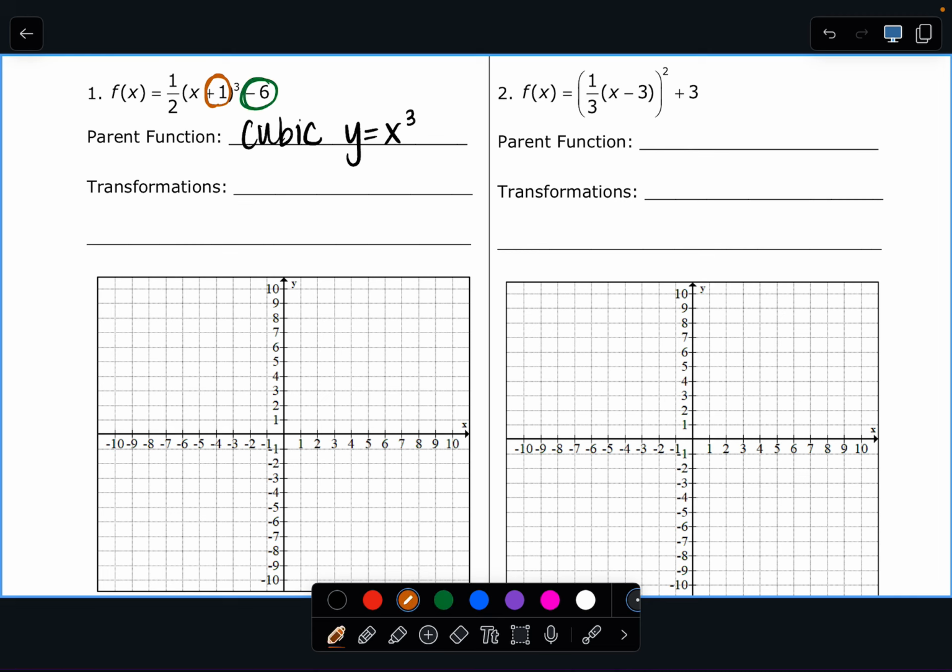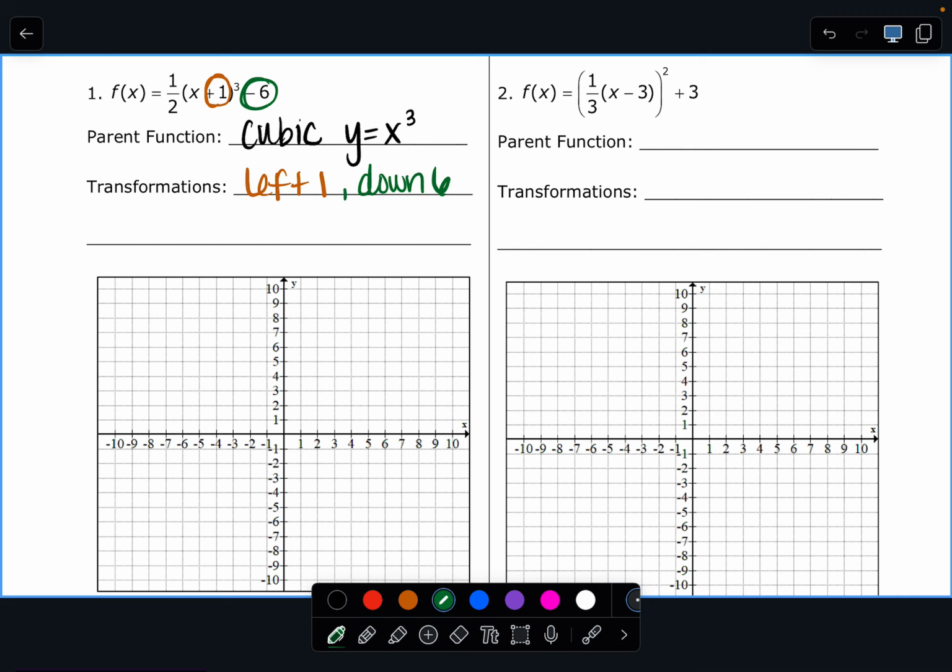That +1 is always going to do the opposite of what it looks like. So instead of moving to the right, this graph is actually moving to the left. So this is going to go left 1. Always do the opposite on the inside. Now the -6 is on the outside, so that means we are going to move exactly what it looks like, down 6.